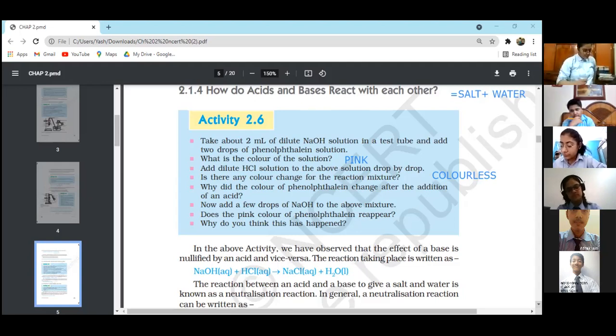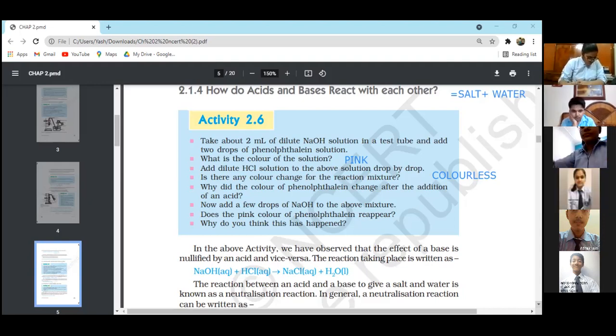Yes or no? We have added more NaOH to it. So will it behave like a salt solution now, or will it behave like a NaOH solution? Will it behave like hydroxide ion, or like water and salt? How will it behave? Ma'am, it will be like NaOH solution. It will behave like NaOH more, because sodium hydroxide is most basic in nature, highly reactive.